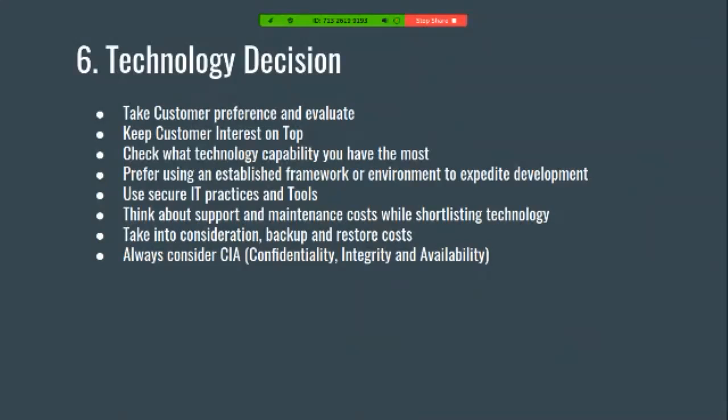Keeping the customer's interest on top, I would recommend that you check the technology capability within your team first, and apart from that, use the established framework and environment to expedite the development. It is preferable to use secure IT practices and tools only. Do not just go for cheap technology or cheap hosting services. Think about support and maintenance cost and your reputation while shortlisting technology. Take into consideration all the backup and restore costs, and always consider CIA, confidentiality, integrity, and availability of the application while taking a technology decision.